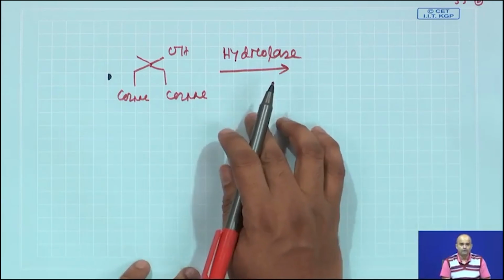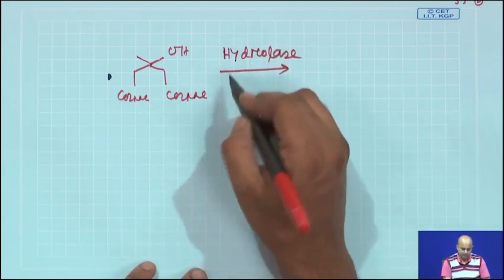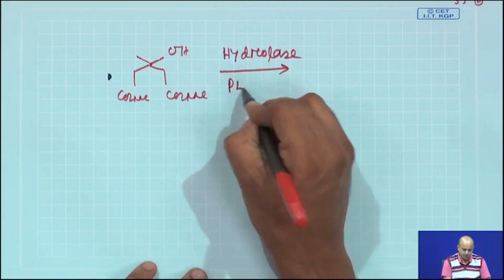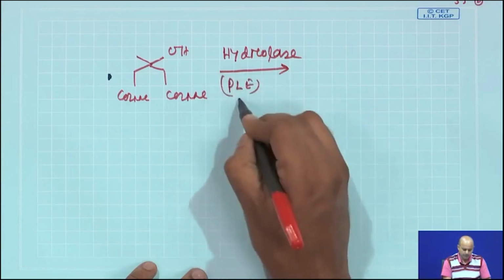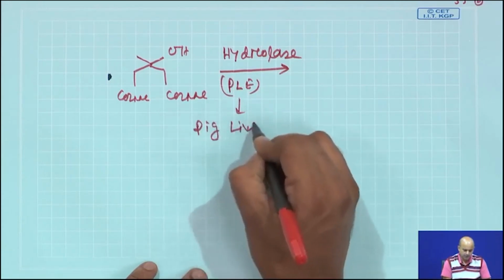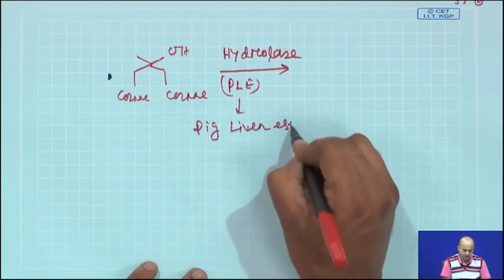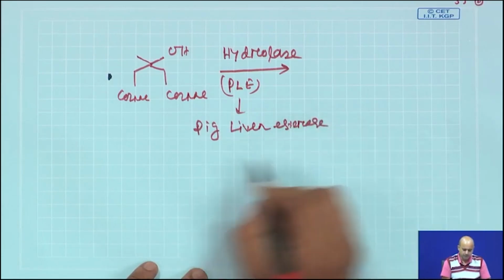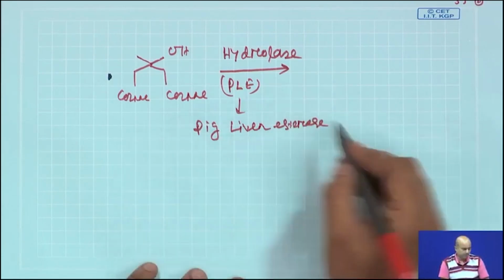We are not going to discuss the mechanism in detail. This hydrolase is abbreviated as PLE, pig liver esterase, which has been isolated from pig liver.